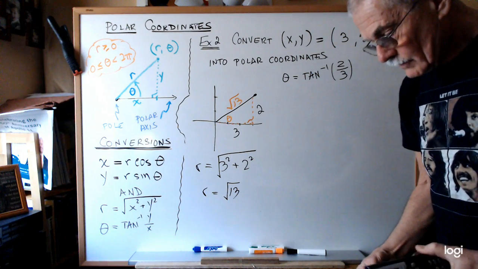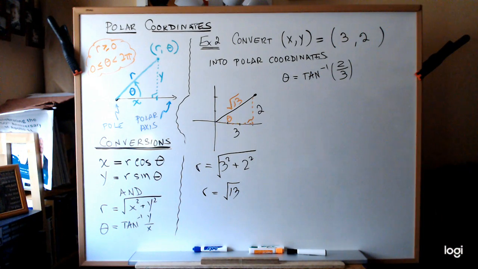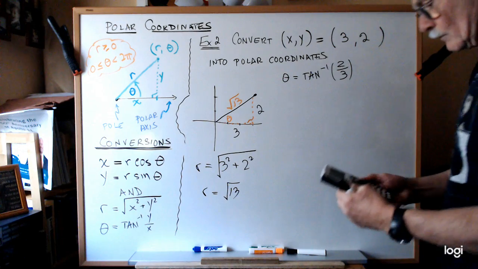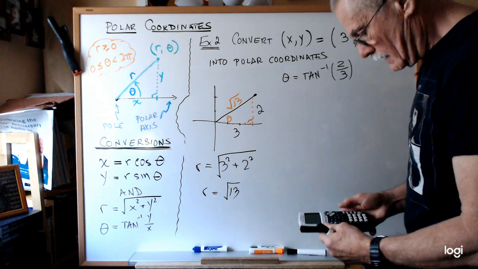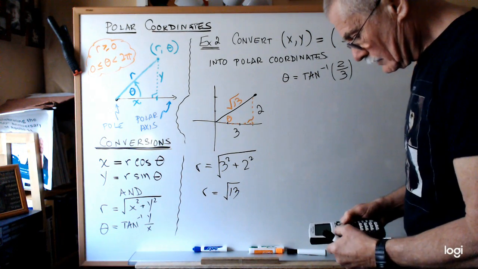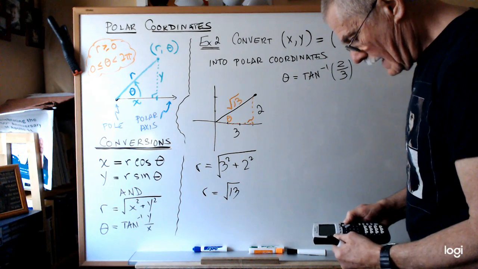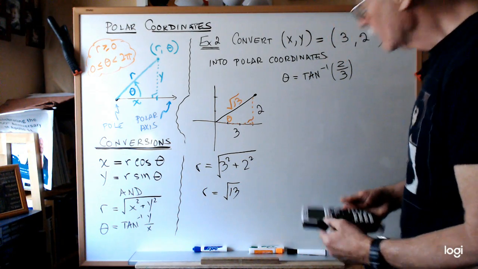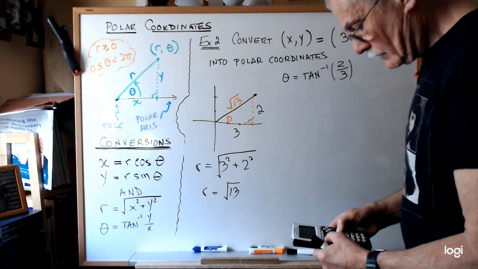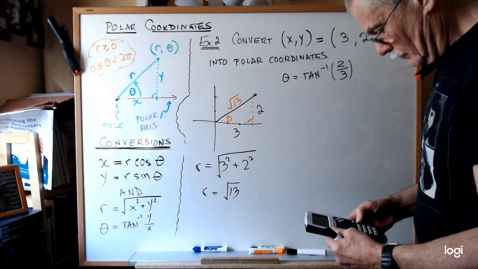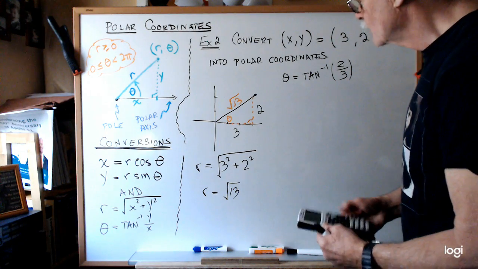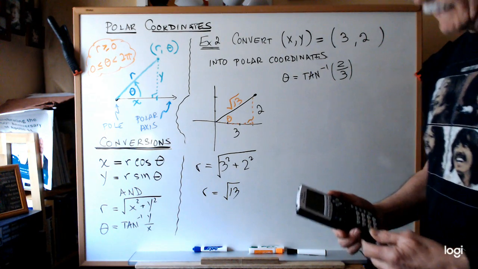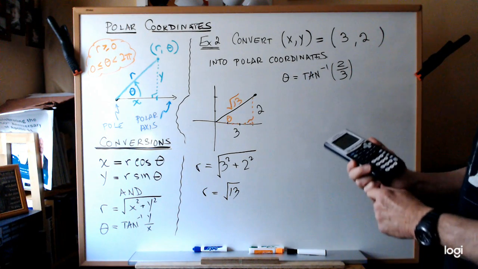Okay, so what we're going to do is put this in our calculator, and the basic plan is let's do this first in angle mode. So I'm going to put my calculator on, and in mode I'm going to select angle, or degrees actually. Okay, and I do second arctan 2/3. I do not want to do arctan of 0.66 because then I'm rounding it off.